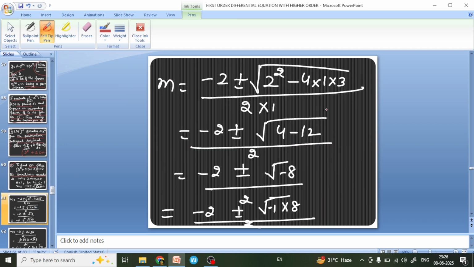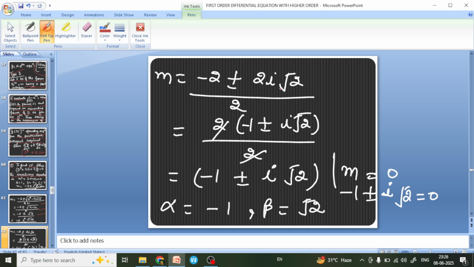When we substitute the values, we will find this. When we find minus in the square root, it will be written like minus 8. Square root of minus 1 is iota, and square root of 8 will be 2 square root 2. So we will write here 2 iota.